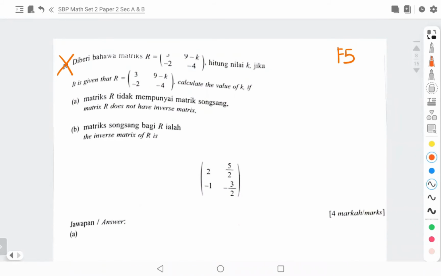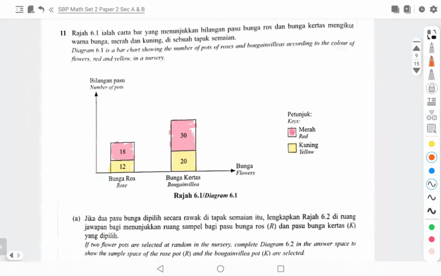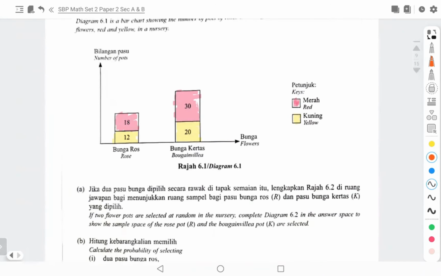Okay, 11. So if 2 flower pots are selected at random in the nursery, you select the type of flower in each pot. So you complete the answer space on the next page.